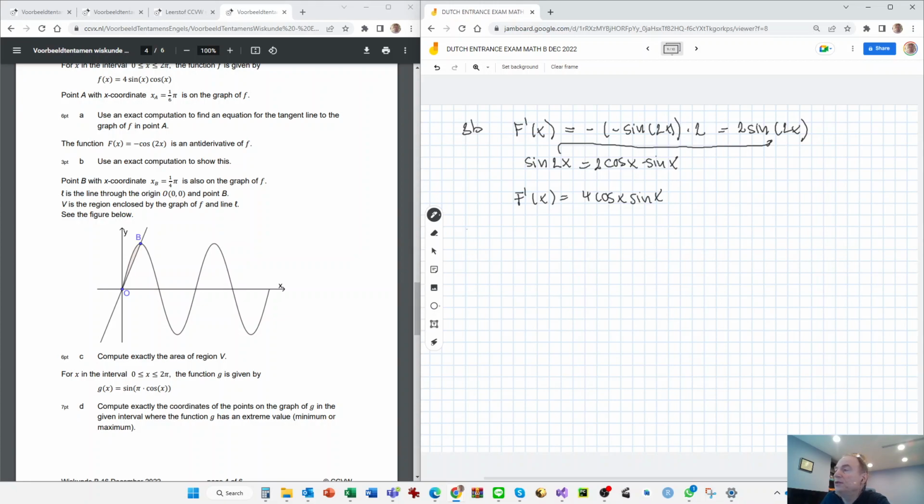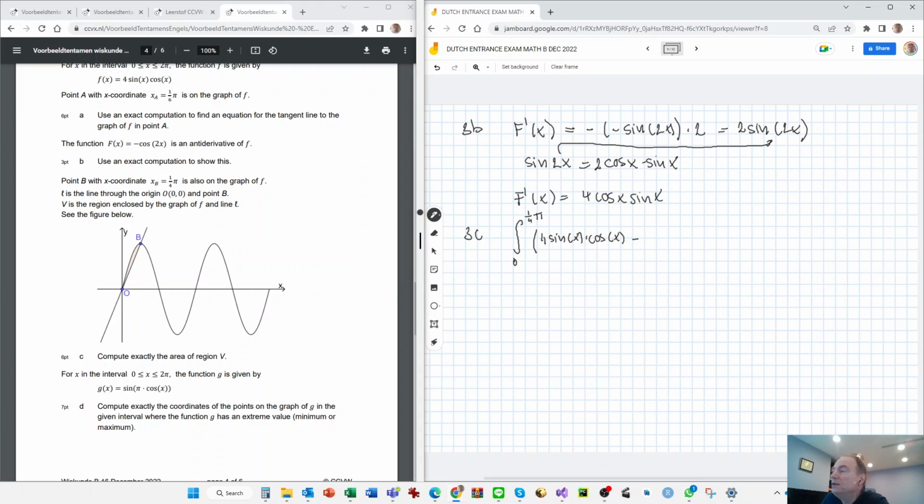So what we need to do is calculate the integral from 0 to pi over 4 of our function, cosine x, and then minus the expression of this line.